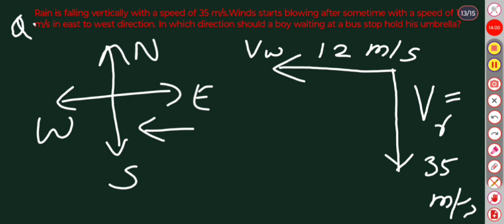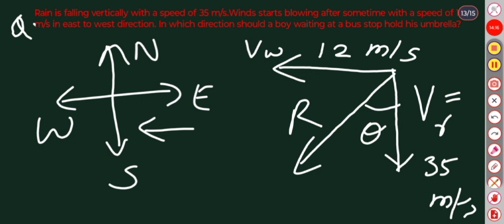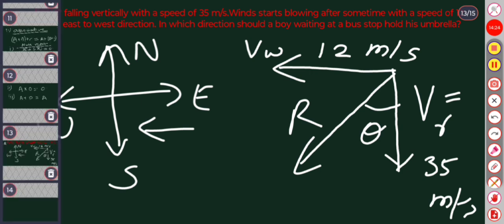Two velocities are here. First we have to calculate the resultant. This is our resultant velocity, making an angle theta with the rain, that is, with the north to south direction.